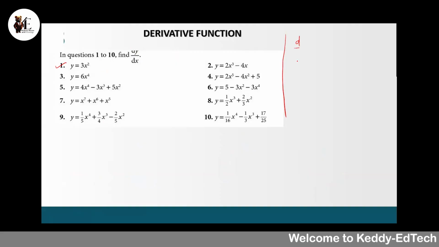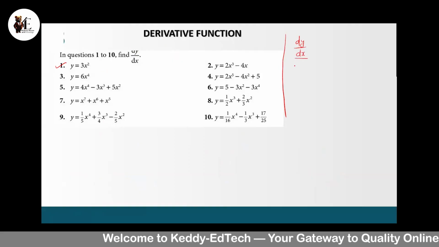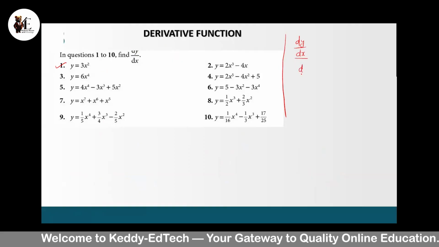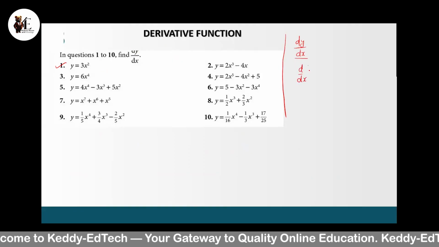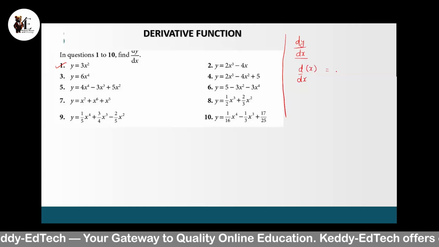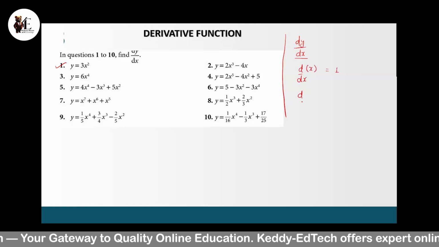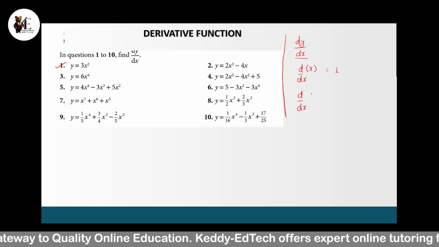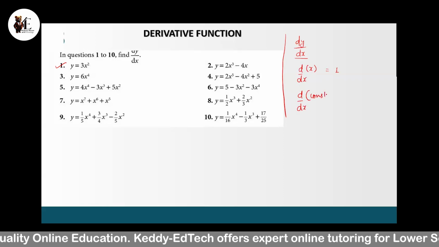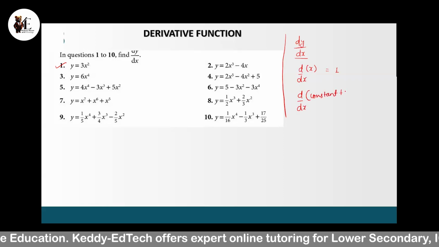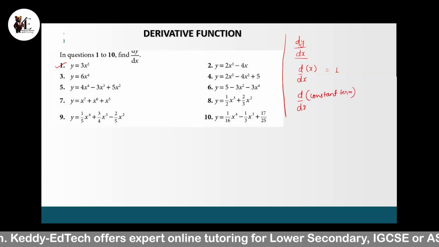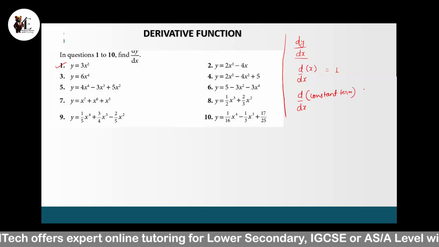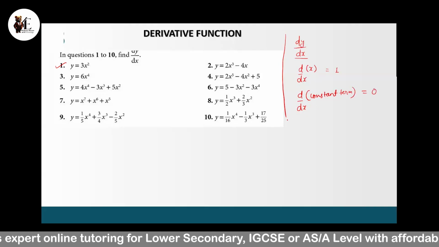So differentiation is generally denoted by dy over dx. When you are doing the differentiation of x, your answer will be 1. If you are doing the differentiation of any constant term, that is, a term in which x is not present, that will be equal to 0.